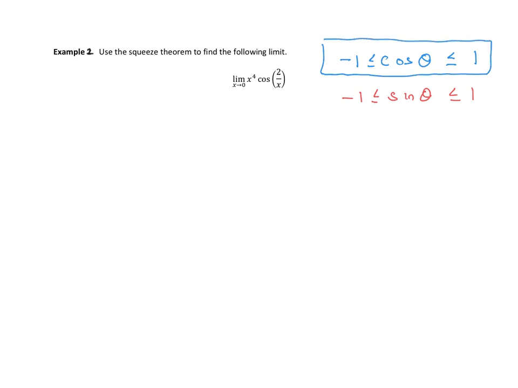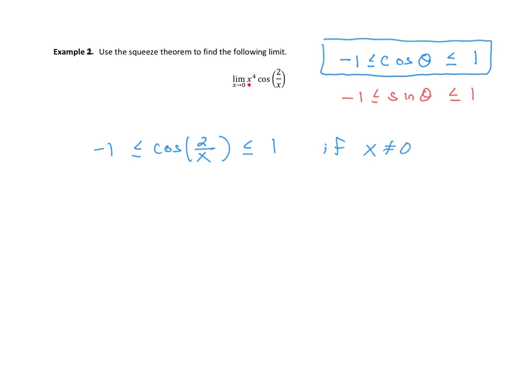And here's how this will work. So we'll start with cosine of 2 over x. By this fact, no matter what you put here where this is defined, this expression must be less than or equal to 1 or greater than or equal to negative 1. So that is, this is always true as long as x is not equal to 0.